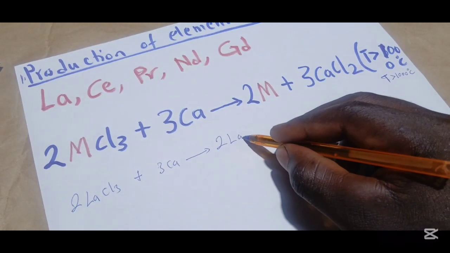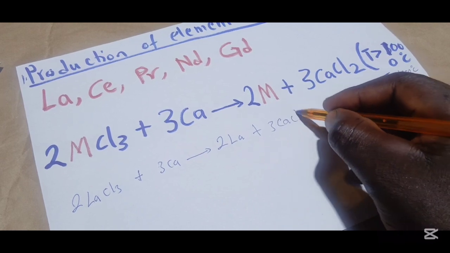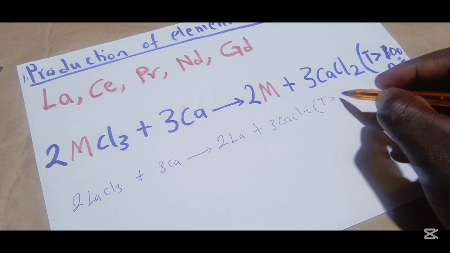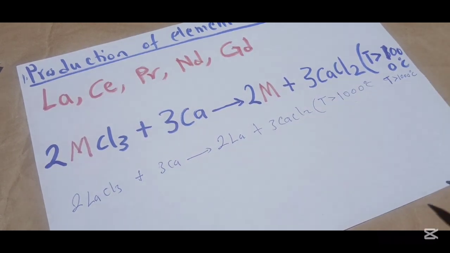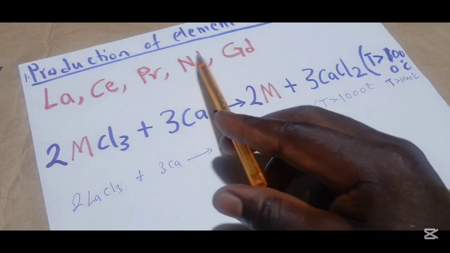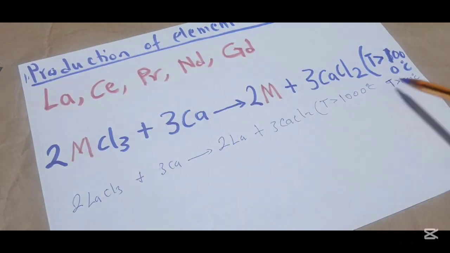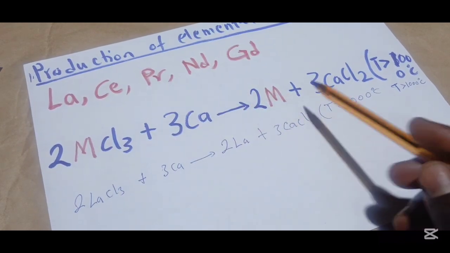So 2La plus 3CaCl2. Then you should bring this, depending on your professor, 1000 degrees Celsius. So if it happens to be Pr, this is what you should do. You just have to keep this equation in mind. Wherever you see M, you replace it by Pr.